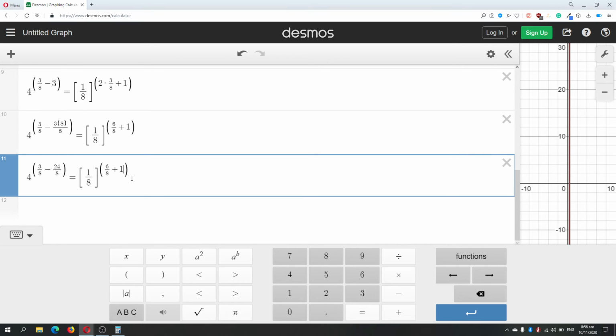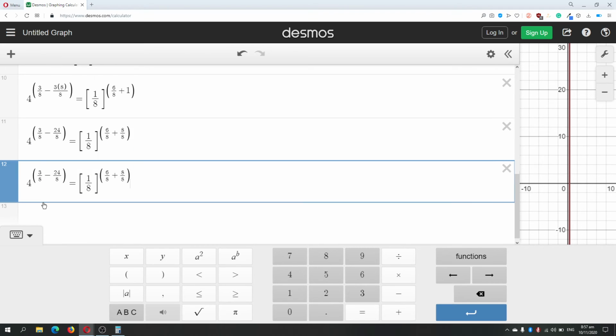Ito is, so from 1, magiging siyang 8 over 8. So, dito, since 3 minus 24, that is equivalent to negative 21.